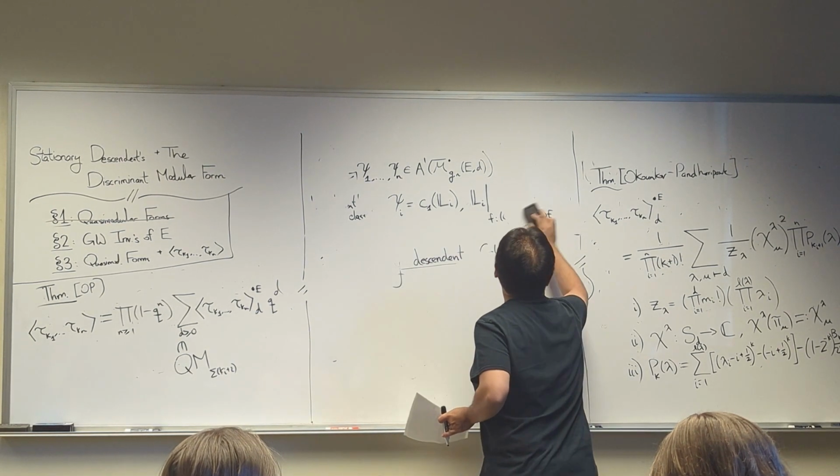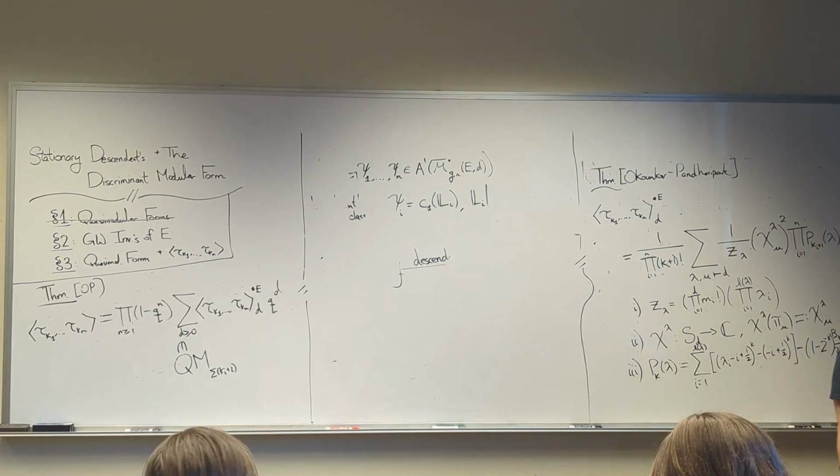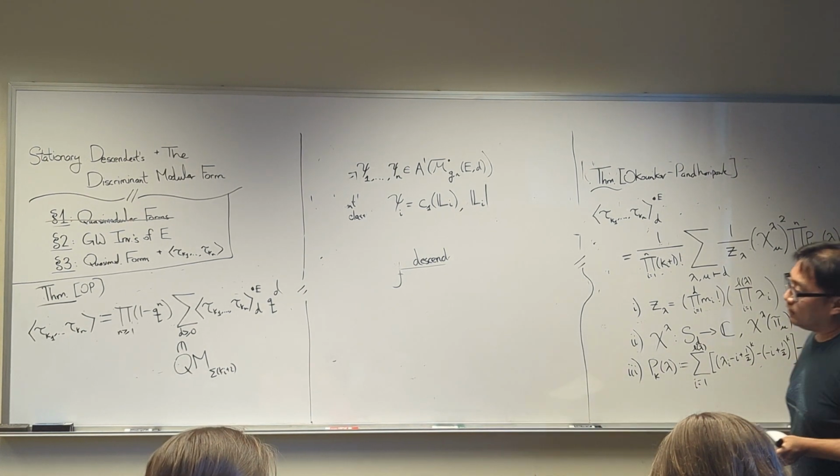What happens if you add up all these tau products over all the k compositions?